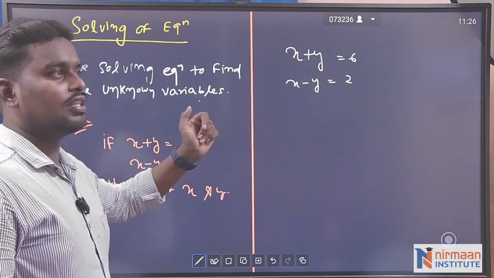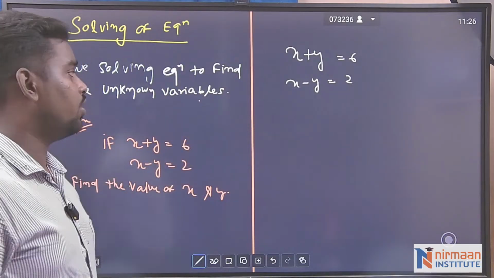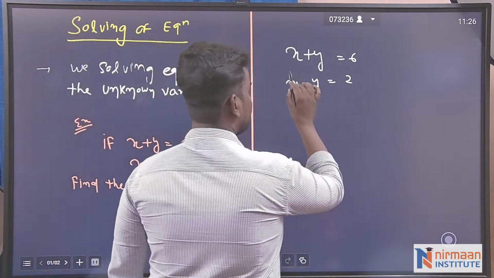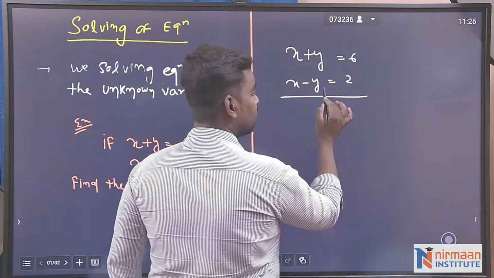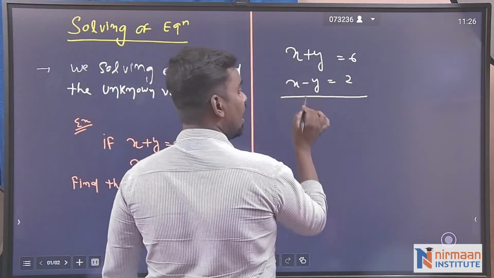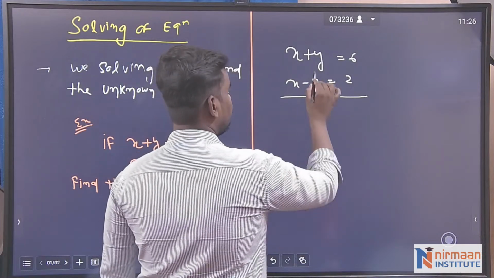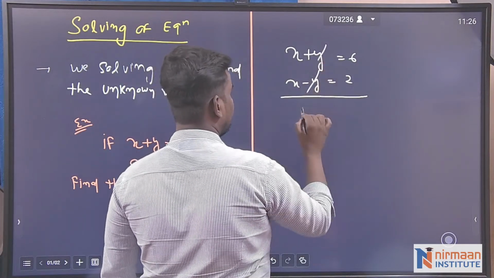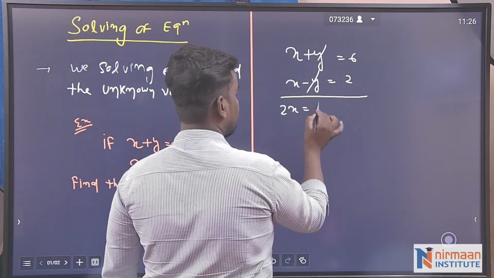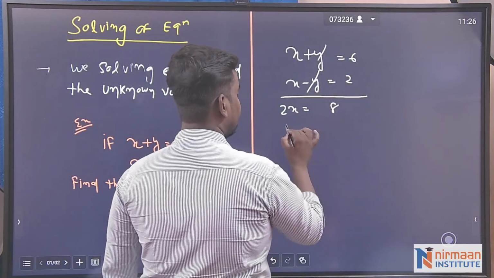We know this from the 10th class, or you are solving from the 8th class onwards, right? So here x plus y equals 6. By adding the two equations, if you add, this y will go, right? 2x becomes 8, x is 4.